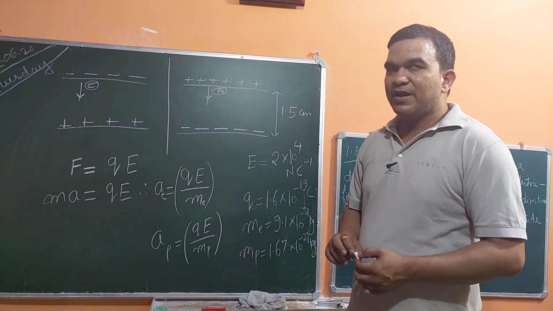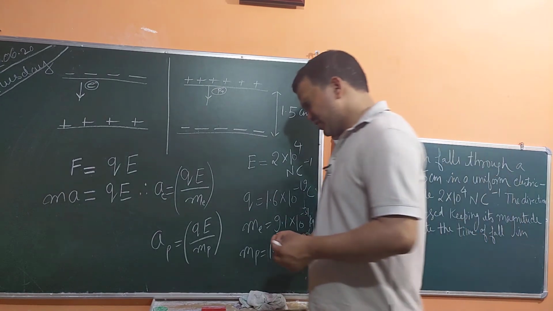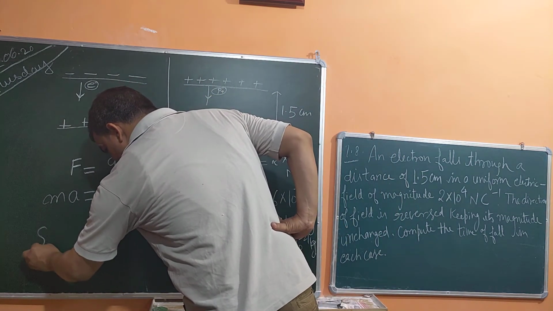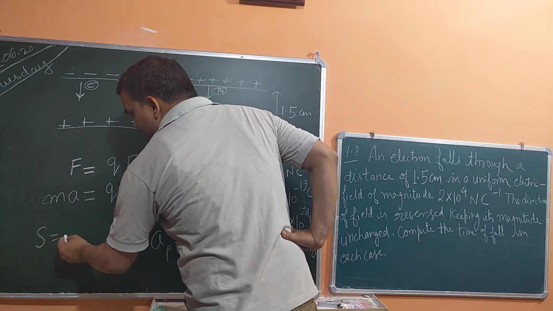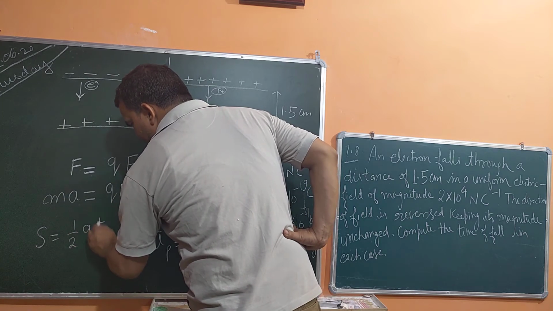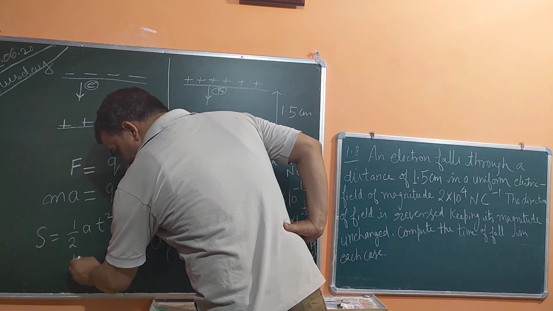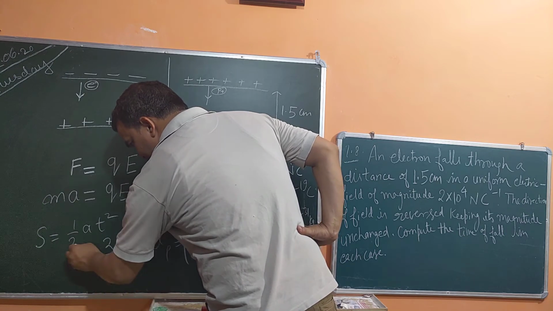Hence, we can apply the kinematic equation: s is equal to ut plus half a t square. The value of u is 0, so half a t square, and t square is equal to 2s upon a.